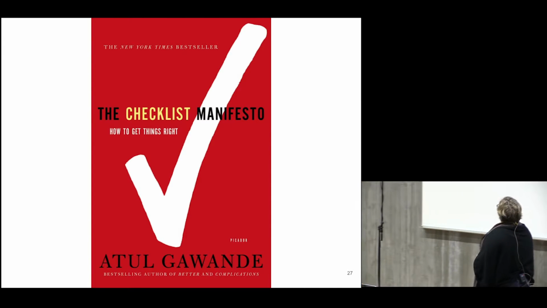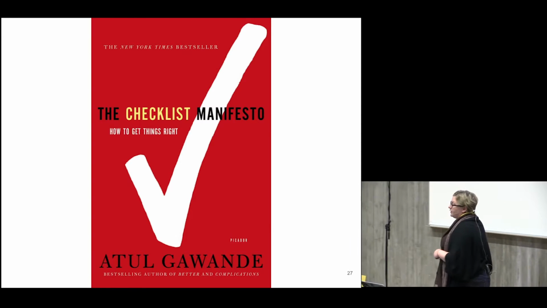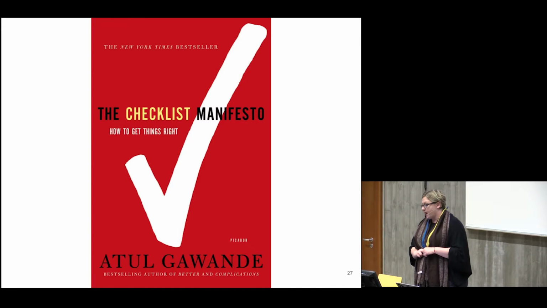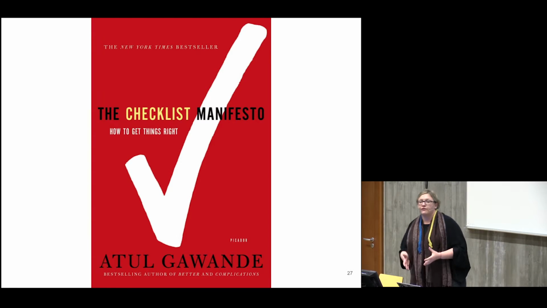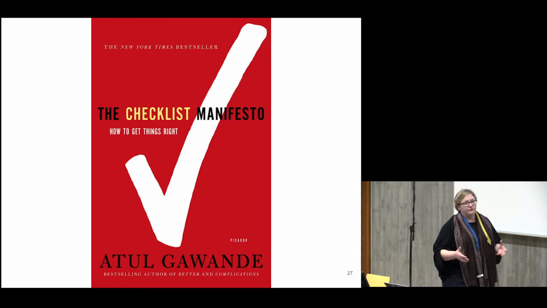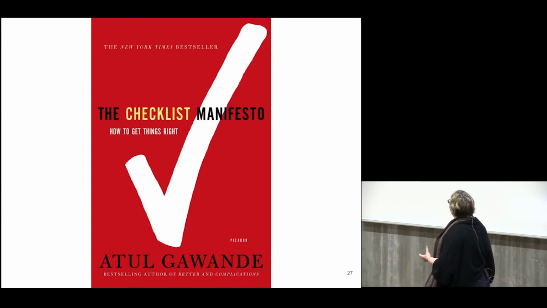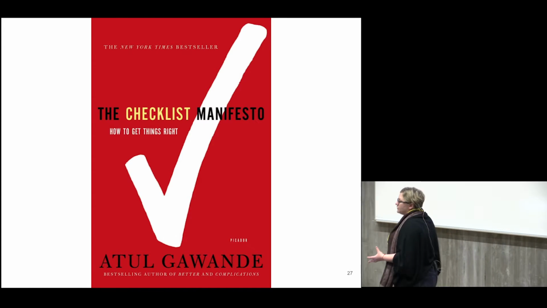This is the Checklist Manifesto. It's a pretty easy read. It's really great. It's a book about how checklists are used in various professions, so people don't die, like pilots use them, surgeons use them, and so on and so forth.